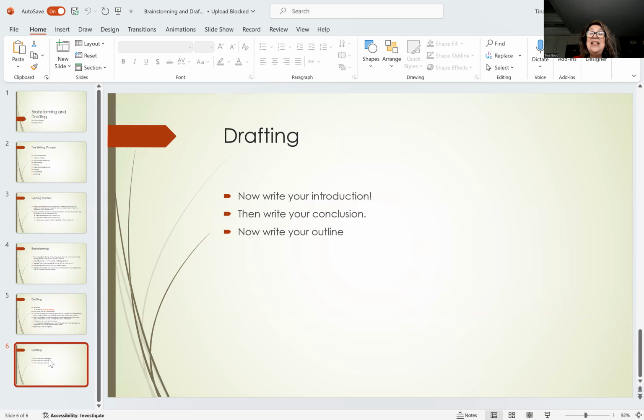Okay. And then after you've done that, now is when I encourage you to write the outline of your draft, right? And we call this a descriptive outline, okay? So what you do is you go in and you look at your paragraphs and you write, what is the point of that paragraph? Okay, and you write that down in an outline form.